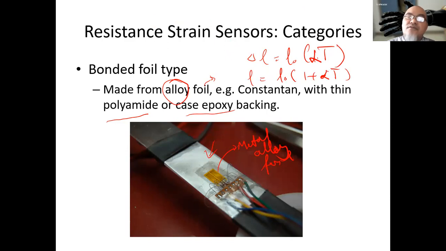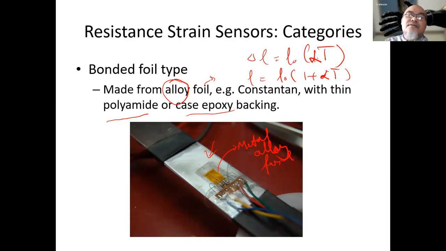The alpha for different materials will be different, even when they are the same type of metal. For example, between iron and copper. Let alone in this case, where there is a polymer, polyamide, and also the epoxy, and then you have 2 different metals: the steel at the bottom, whose strain you want to measure, and the alloy foil.